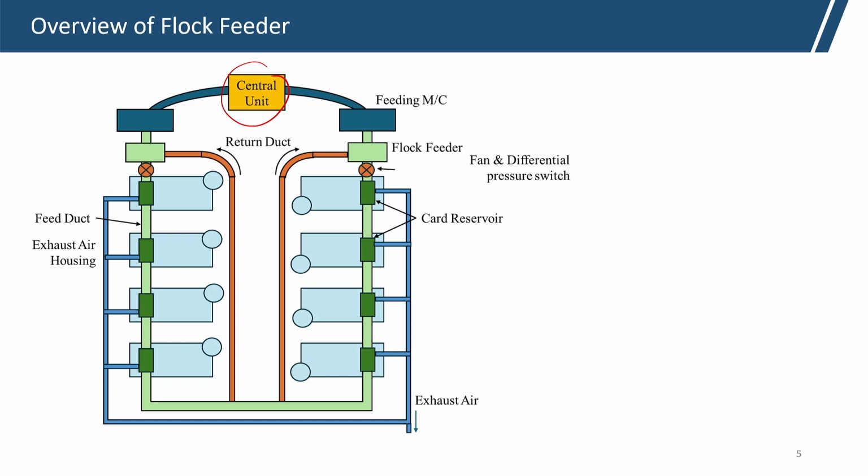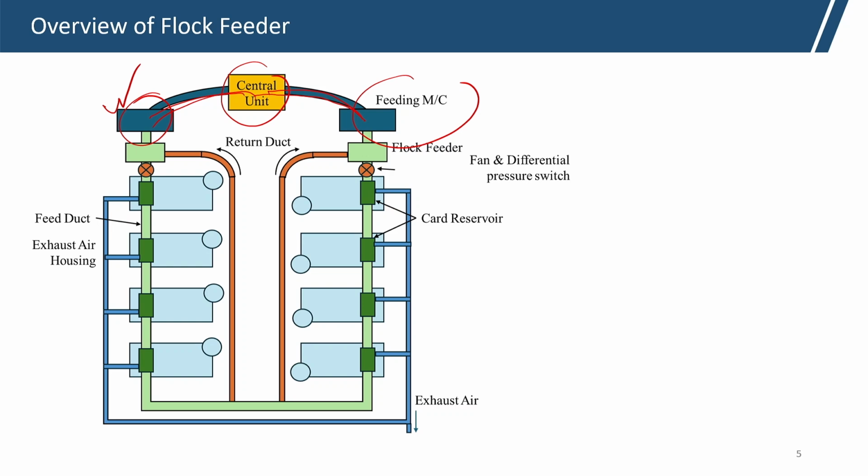From the central unit the fibers come into two rows, but it can be a number of rows. From here the feeding machines are there.